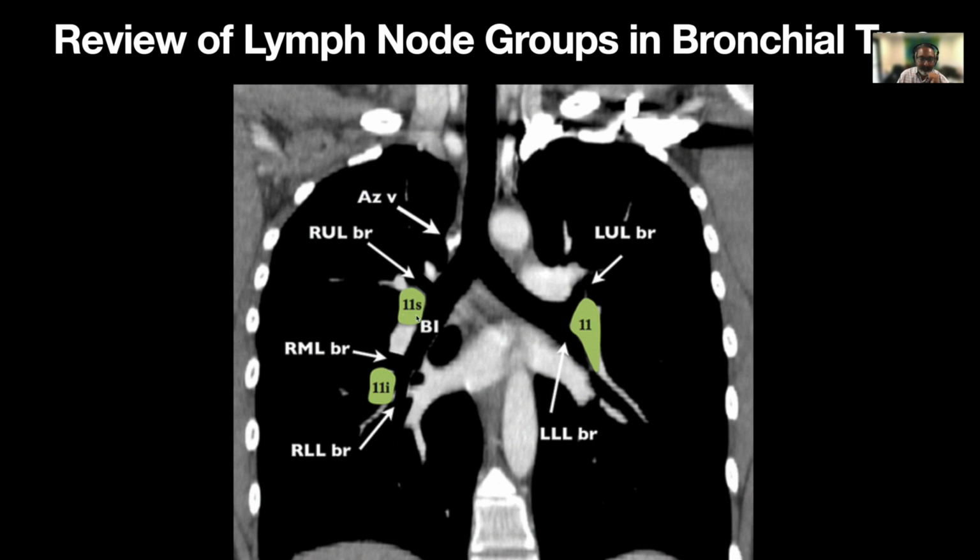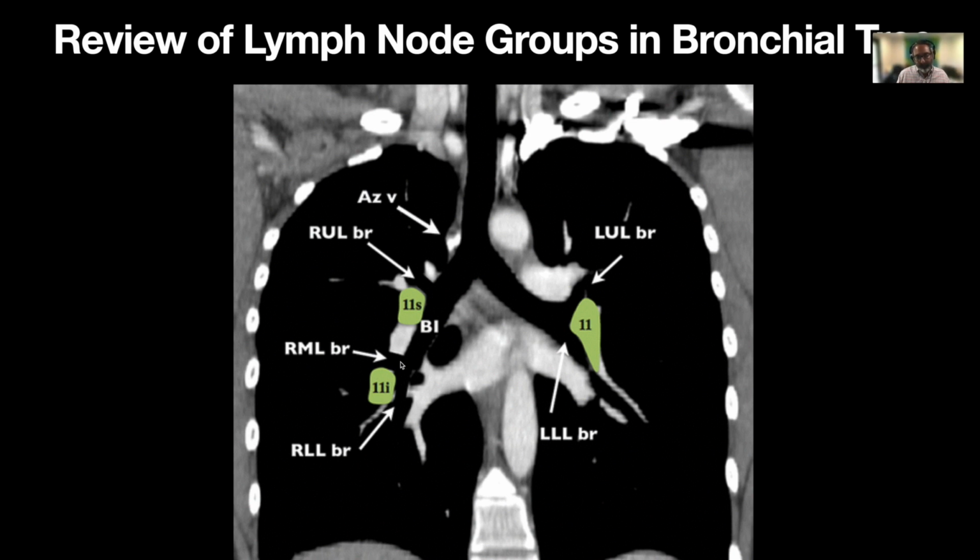There's a lobar lymph node group there, and then when the bronchus intermedius divides into the right middle lobe and the right lower lobe bronchus, there is a lymph node group there. So these are lobar lymph node groups. On the left side, you just have one, where the left upper and lower lobe bronchus divide. That's your lobar group for the left.